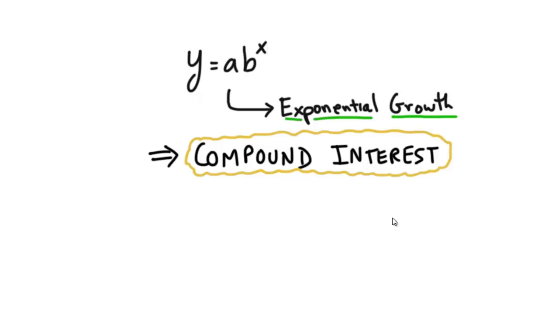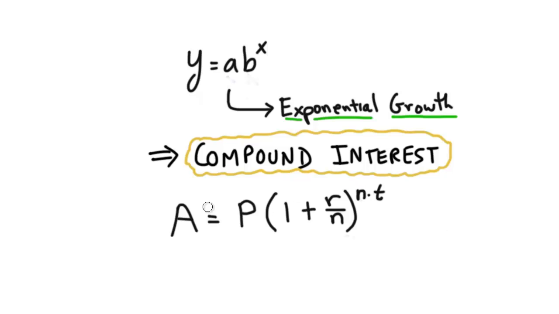Okay, so the formula that you will need to find the balance in a compound interest problem is capital A is equal to capital P in parentheses 1 plus r divided by n, close parentheses, and that's raised to the n times t power.